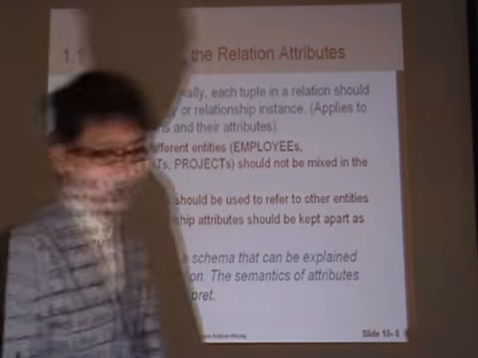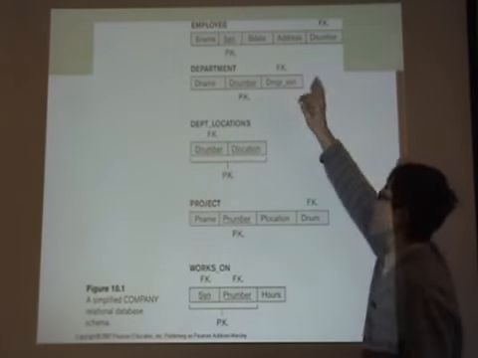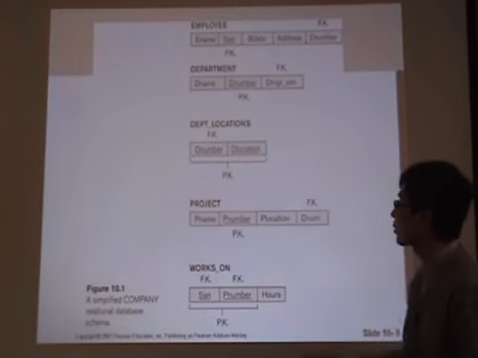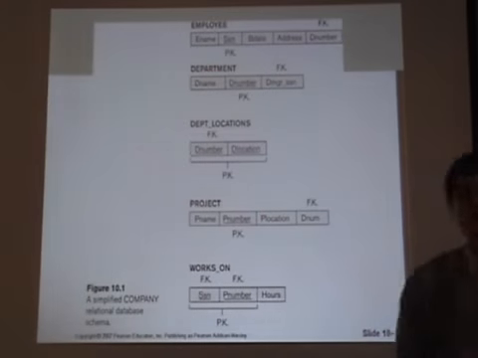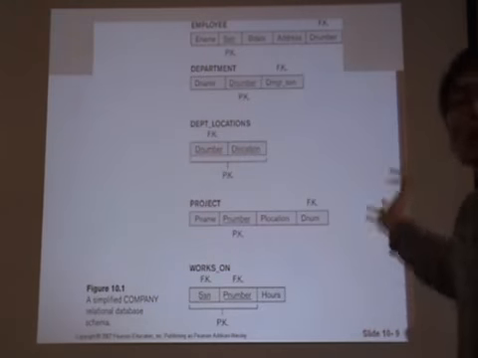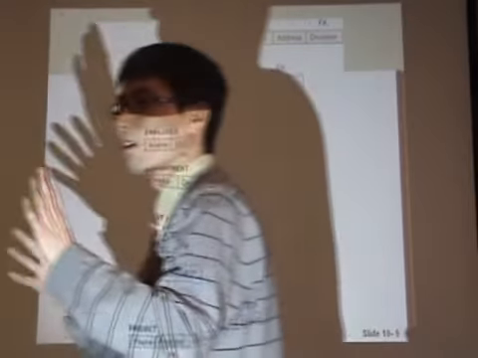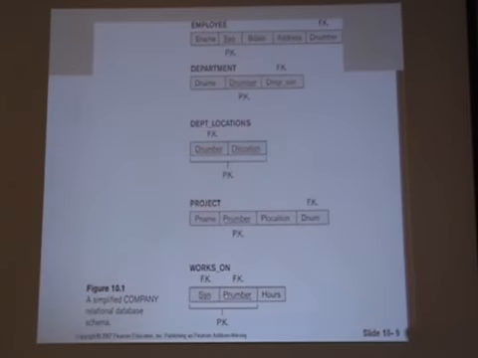However, if you take a look at this one, this one has employee, this one has department, this one has department location, this one has project, and this one has work zone. You can easily understand the meaning of each relation. So the first guideline is each relation has one meaning, one semantic.